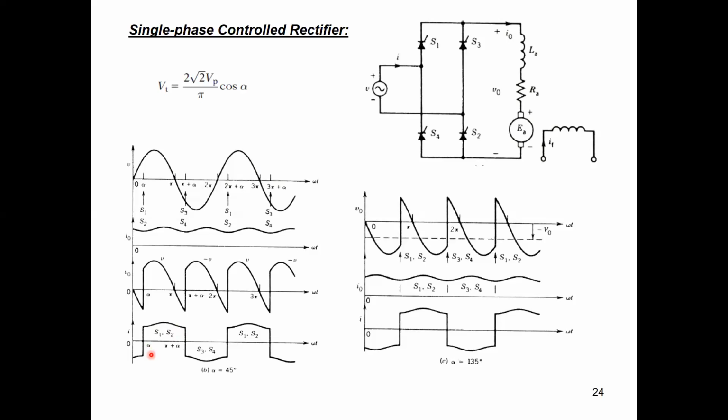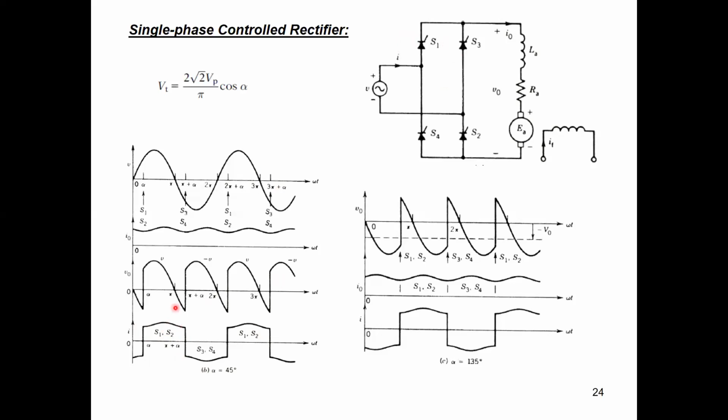This can happen if we apply a high reverse voltage, and this can be applied here if we reverse the polarity on S1. As you can see, here the current is still moving through S1 and S2. However, the voltage polarity across S1 is reversed.